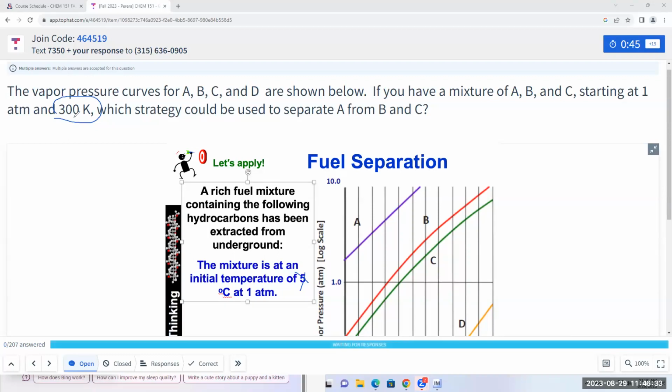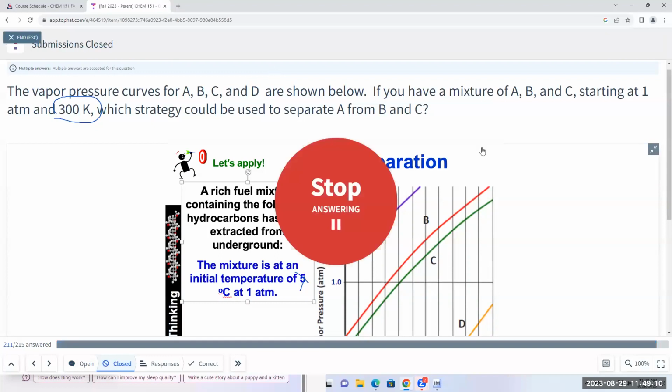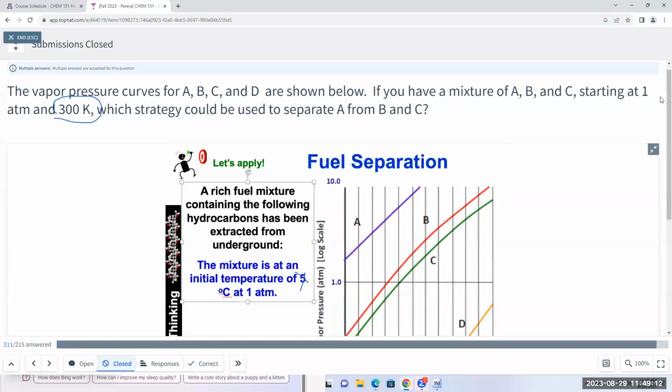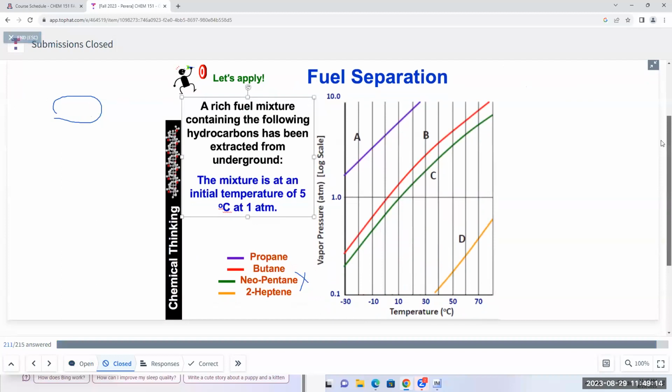Right. And you want to separate A from a mixture of A, B, and C. Go ahead. What would you do? Before I look at your answers, let's think about this for a second. We're trying to separate A from everything else. That's the goal.